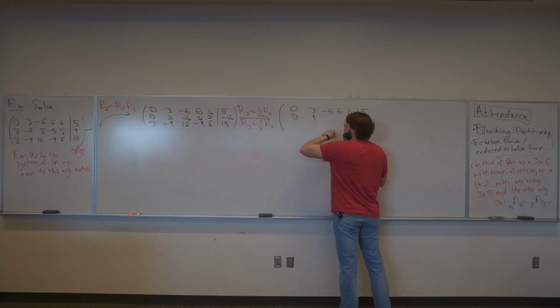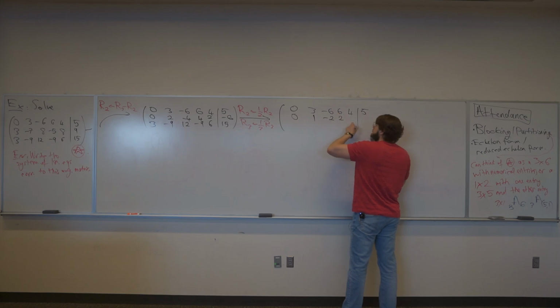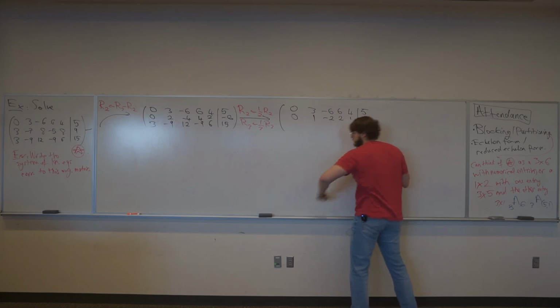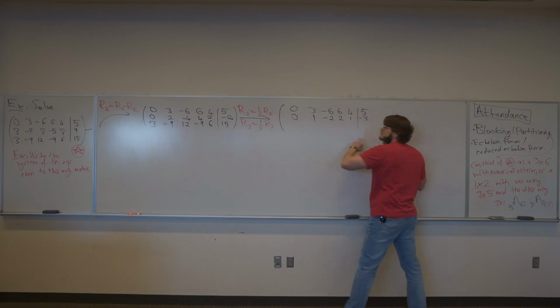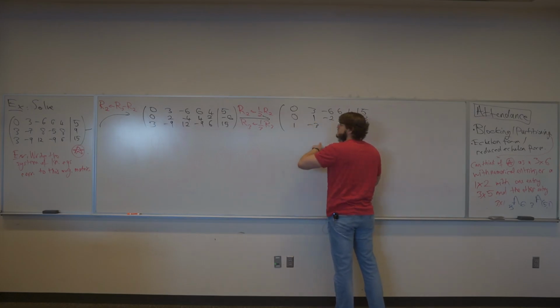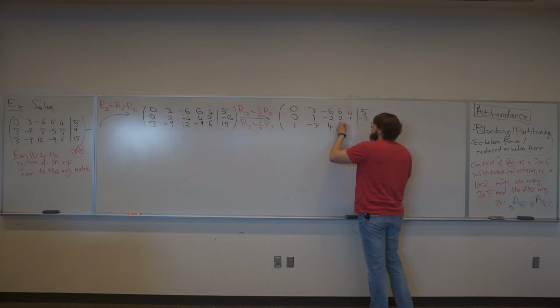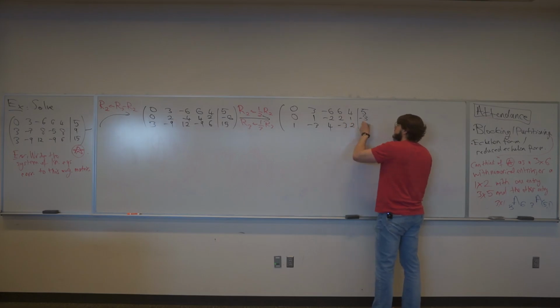That's a 0, 1, minus 2, 2, 1, minus 3. And then 1, minus 3, 4, minus 3, 2, and 5.